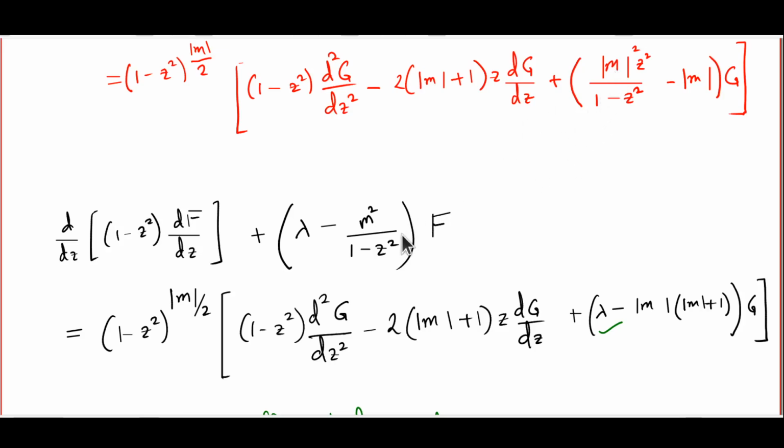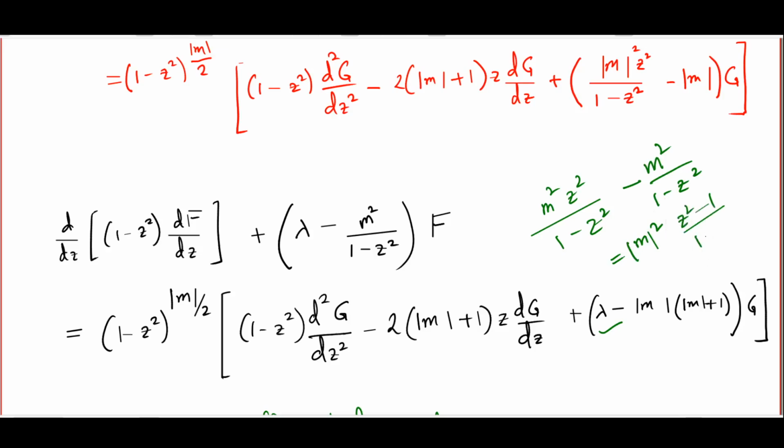So when you add these two terms together, what you get is m square z square by 1 minus z square minus m square by 1 minus z square, which if you take m square common, or mod m square common, same thing, gives you z square minus 1 by 1 minus z square. So that's just minus mod m square. And that is what is sitting here. Of course, you already had a minus mod m and you have minus mod m square extra. So this is why you get a factor looking like this.